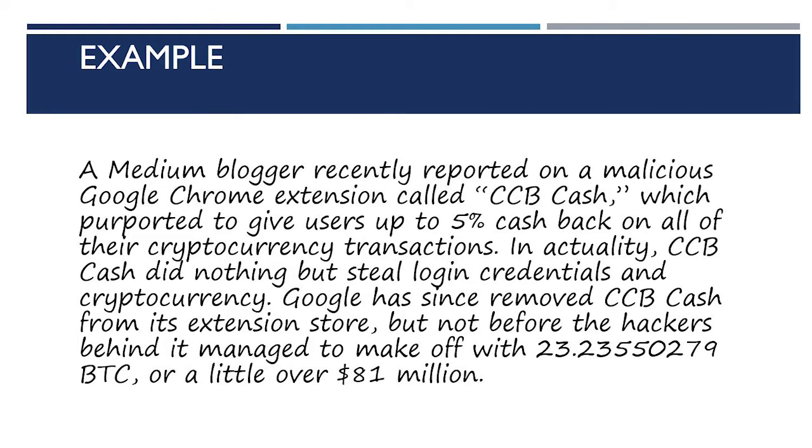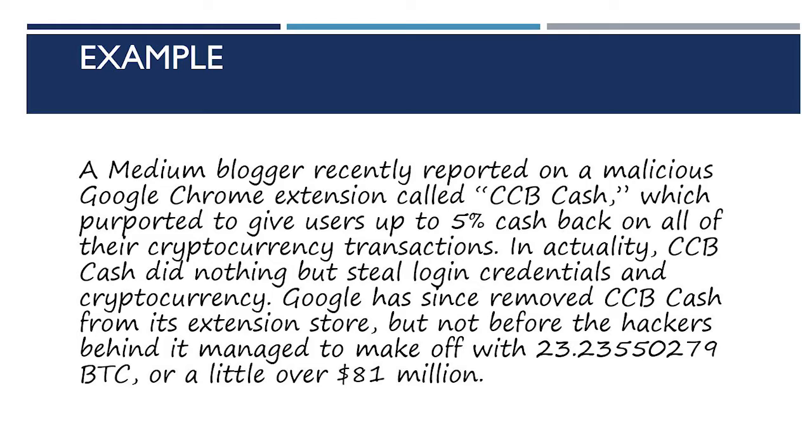So for example, this is one of the cases of Google Chrome, reported by a Medium blogger. Google Chrome had a case on their extension called CCB Cache, which purported to give users up to 5% cashback on their cryptocurrency transactions.